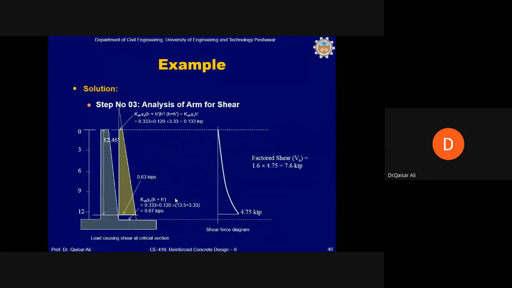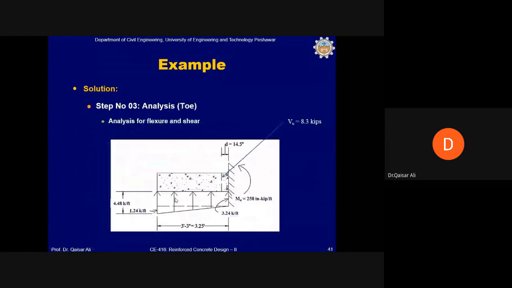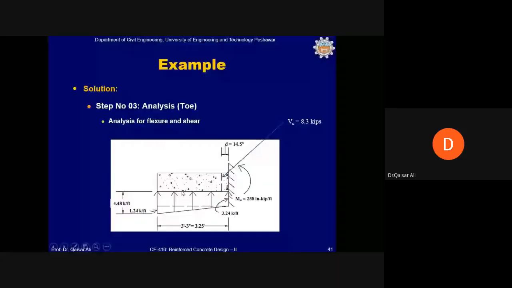Okay, for the analysis of toe, as I said earlier, this is the trapezoidal distribution of the soil pressure in the upward direction. You can determine the load by the trapezoidal area, which is 4.48 plus 3.24 multiplied by 3.25 divided by 2. This will give you 8.3 kip.